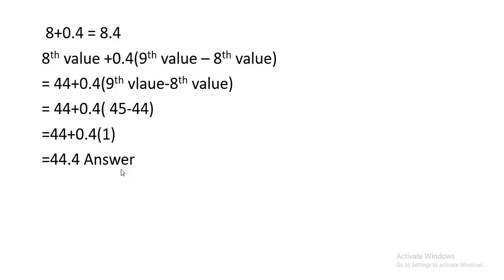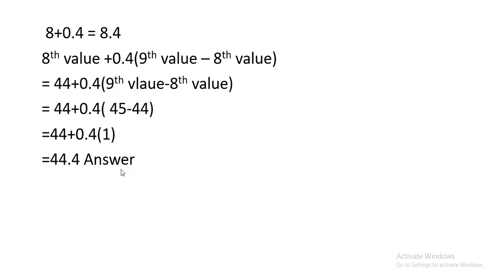Now this technique can also be used in quartiles as well. Let's suppose in quartile you are asked to find out the third position, the third quartile, and the answer after using the formula comes as, let's say, 8.4. So you can use this method to find out the value there as well.